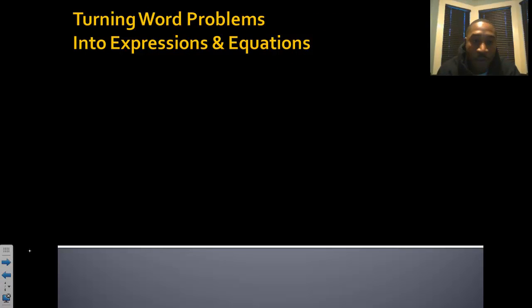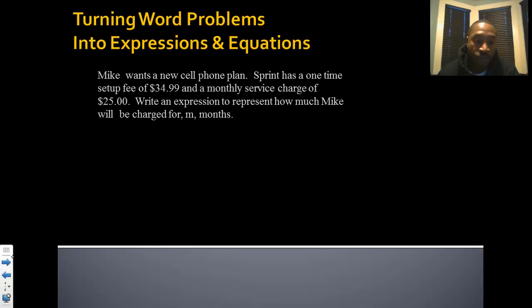Why is this important? This is very important when we read word problems and turn them into expressions and equations. We have to think about that marriage and we have to know what's getting multiplied. Or should I say, which numbers should be tied to a variable. So let's do an example.